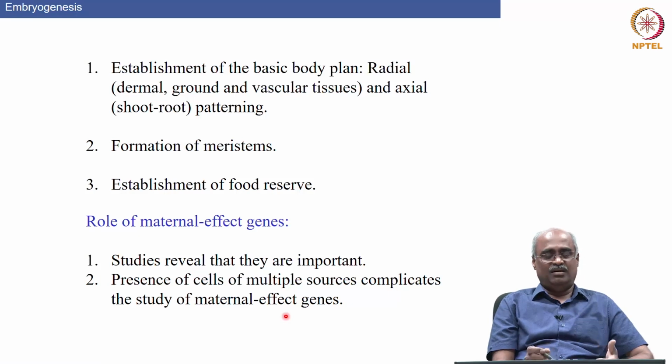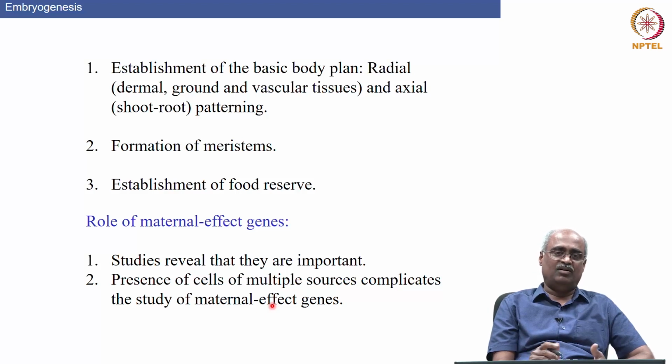So, are there maternal effect genes here, and do they have that sort of a central contribution? That is an obvious question. The answer is yes, they do play a role, but here the situation is a lot more complicated. You just saw in our discussion on incompatibility, the pollen grain has maternal components right around it.